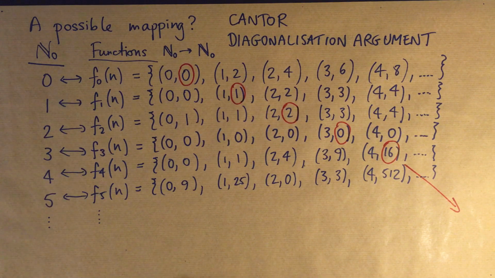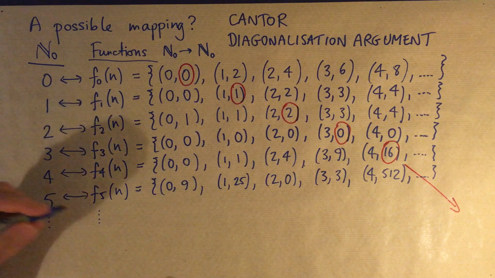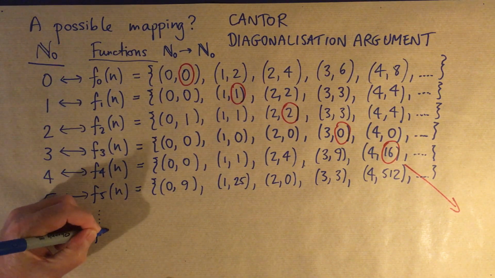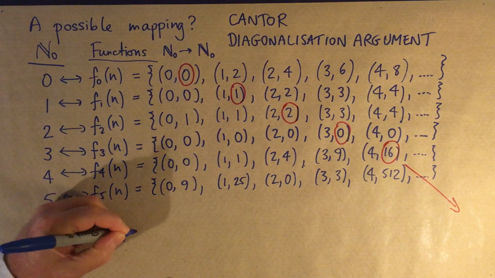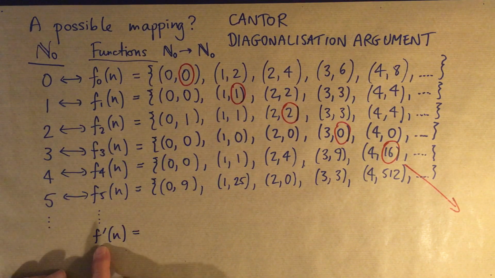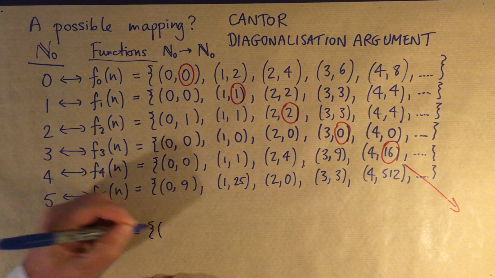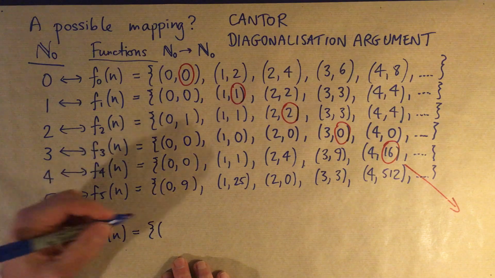What we're now going to do is we're going to create Cantor's function. Cantor's function is going to be called f dash of n. And I haven't given f dash of n a number because it's going to turn out that it's impossible for f dash of n to have a number. And the way that we create Cantor's function is like this.